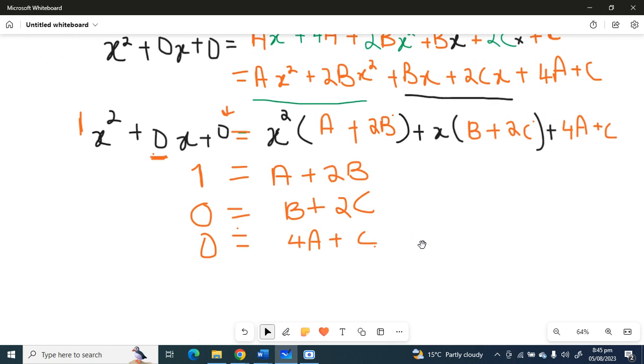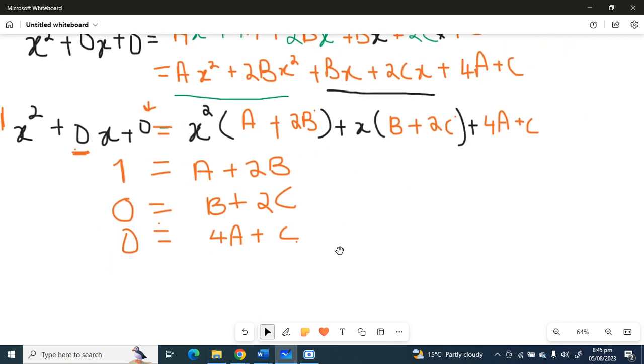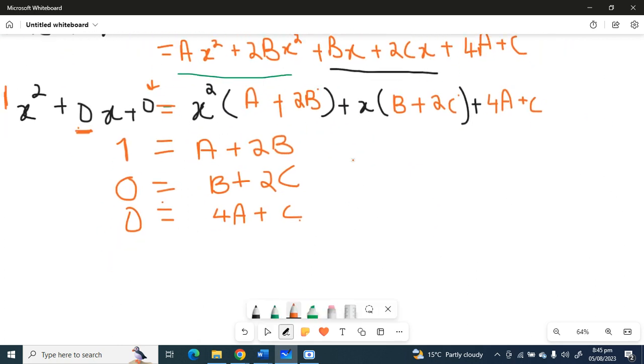All right, so here you're going to ask yourself, okay, so now how will I be able to get the values of a, b, and c? Well, if we use simultaneous equations, first we list our equations. Equation 1, 1 equals a plus 2b. Equation 2, 0 equals b plus 2c. Equation 3, 0 equals 4a plus c.